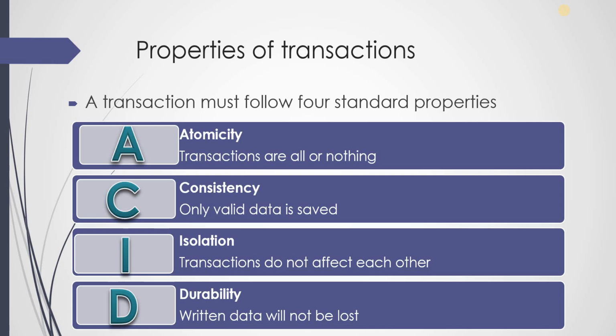So in this case, person B should get 500 rupees and person C should get 200 rupees. The 2 transactions should be carried out individually without any relation to the other transaction.